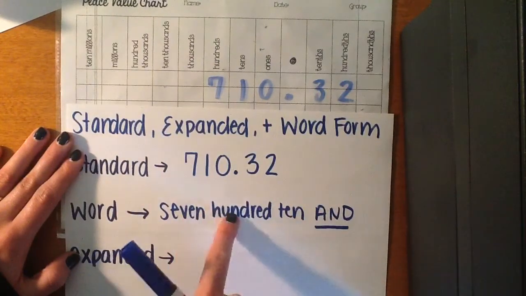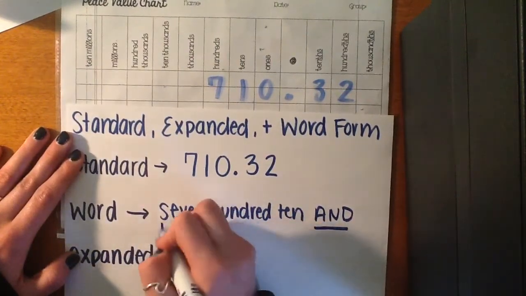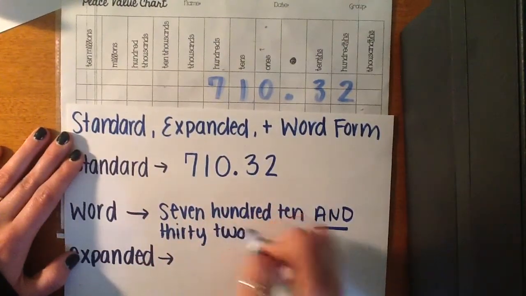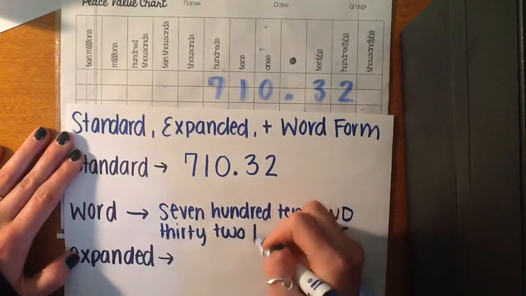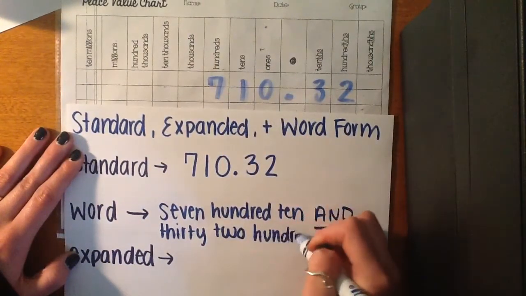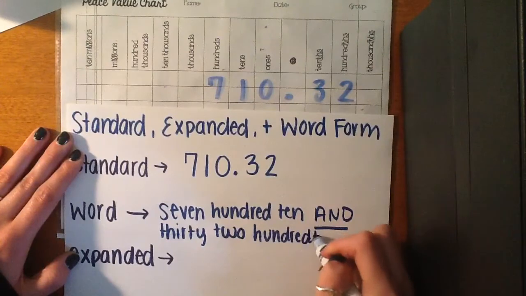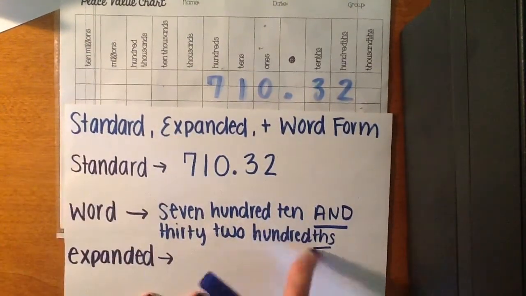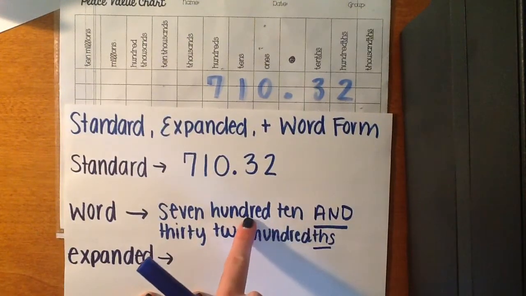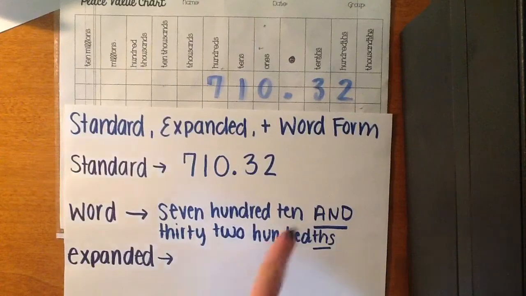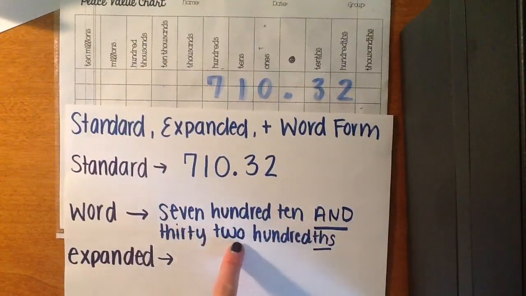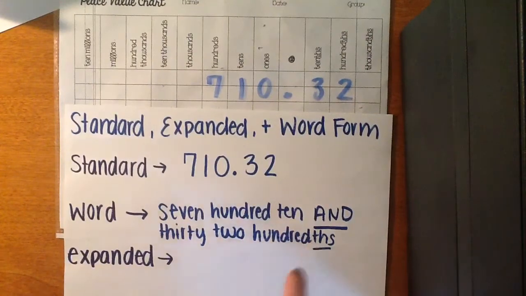So we have 710 and 32 hundredths. It's super important as well that you add that THS because hundredths is much different than hundred. So our word form is 710 and 32 hundredths.